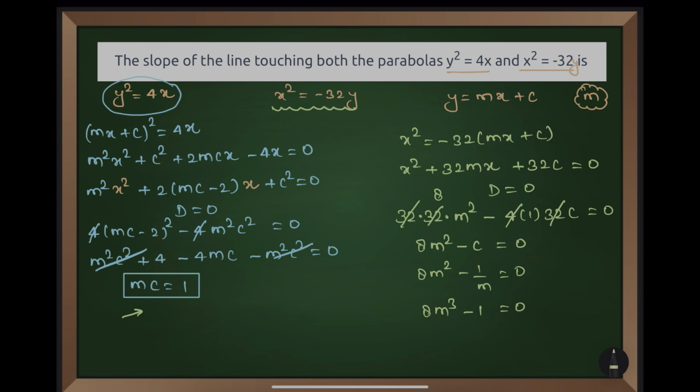Okay, you can apply that 2m cube minus 1 cube. So I can go with 2m minus 1 into 4m square plus a square plus b square and then plus ab. So it is 2m.